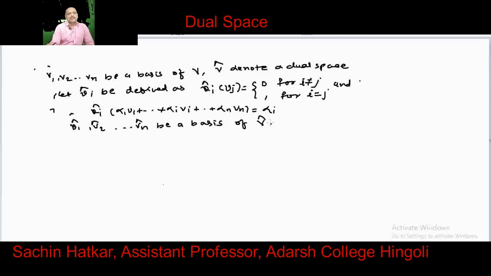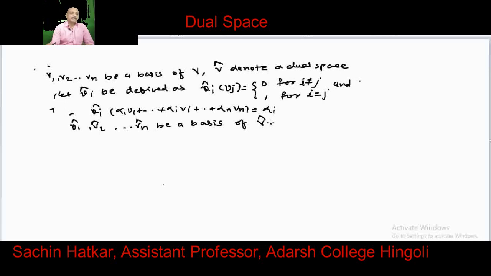See the conditions of the definition of the elements of a basis of the dual vector space. Here V1, V2, ..., Vn are elements of a basis of V. Then we have defined the elements V1 cap, V2 cap, ..., Vn cap such that Vi cap of Vj equals 0 for i not equal to j and equals 1 for i equal to j.